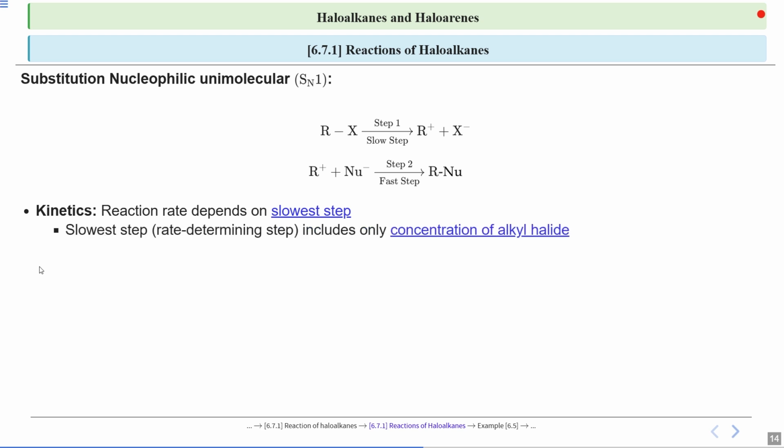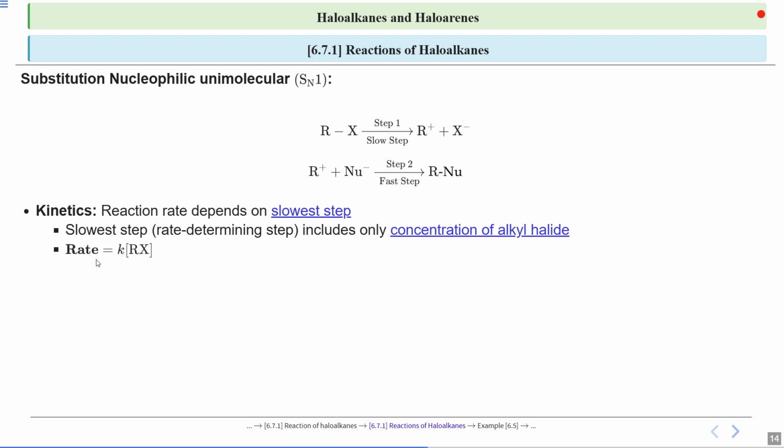So the rate determining step includes only the concentration of alkyl halide. Remember, while writing the rate law, we consider the concentration of the reactant. Here in step 1, the slowest step, the reactant is only alkyl halide, so we include only its concentration in the rate.